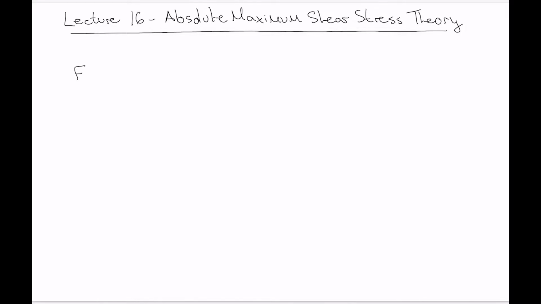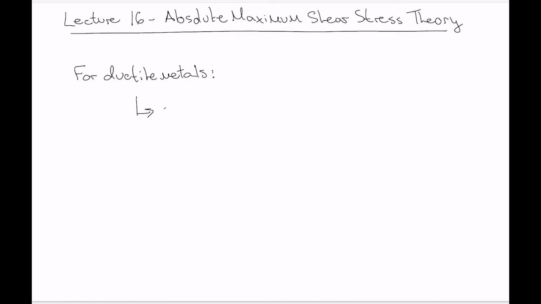So for our ductile metals, we have two failure theories that we can apply that we're going to cover. In this lecture, we're going to look at the absolute maximum shear stress theory.